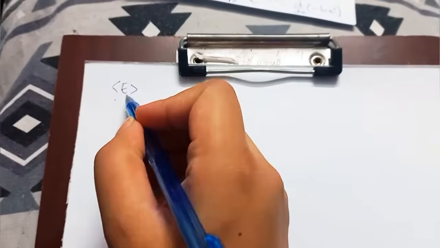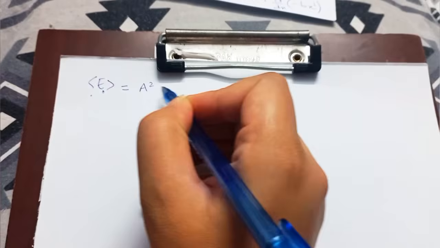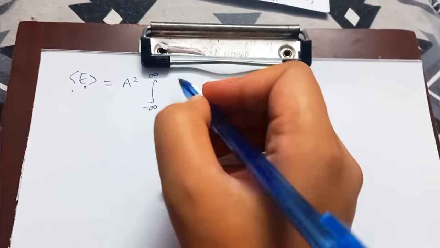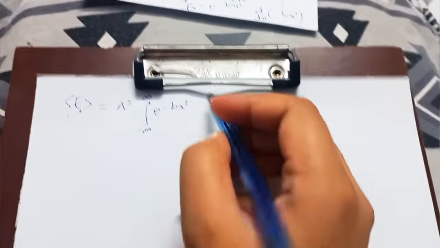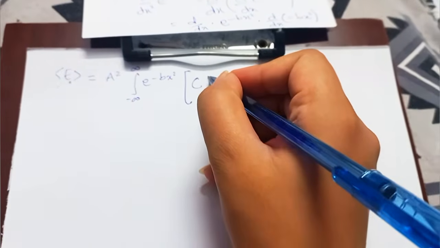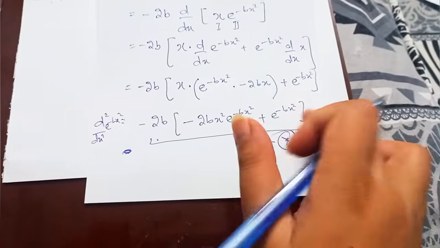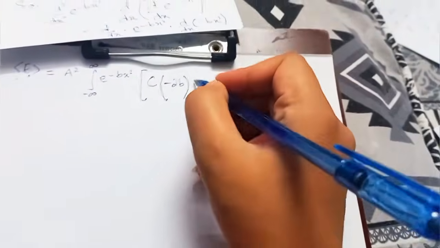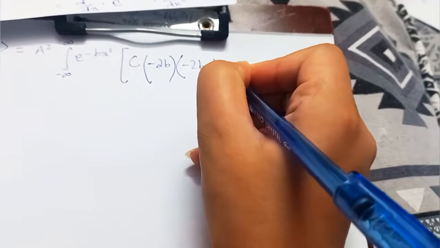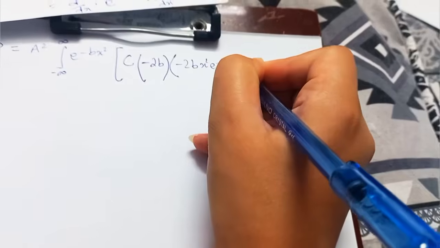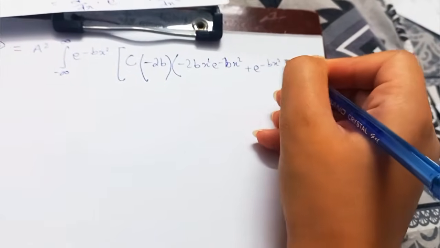Let me write here the expectation value for the ground state energy equals a squared integral from minus infinity to plus infinity e to the power minus bx squared, then we have this bigger bracket, and then comes c, and now I'm going to write the value of this double derivative right here, which is minus 2b into, okay, minus 2b, it is being multiplied by the whole quantity, so another bracket starts, and we have minus 2b x squared e to the power minus bx squared plus e to the power minus bx squared.